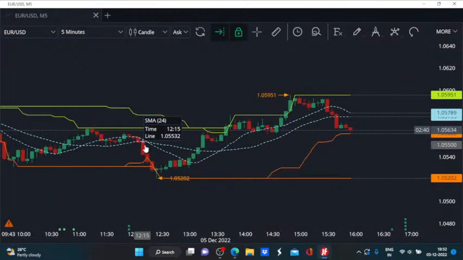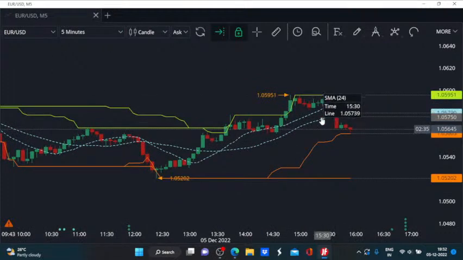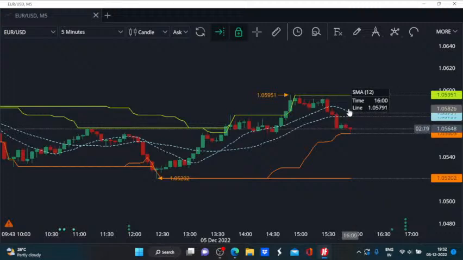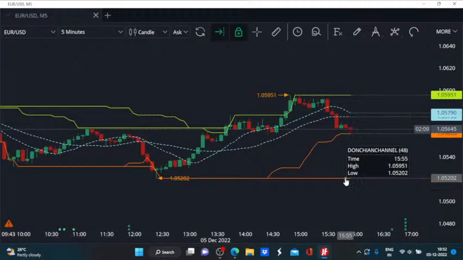Now this is the chart of the Euro USD drawn on the 5-minute candlestick time frame. I have added this SMA of 24 calculation period, and 24 multiplied by 5 minutes each stands at 120 minutes, that is the 2 hour moving average price, and this SMA 12 is for figuring out the 1 hour moving average price. This range has been defined for Gaussian channel 24, that is for 2 hours, and this lower one is for 4 hours.